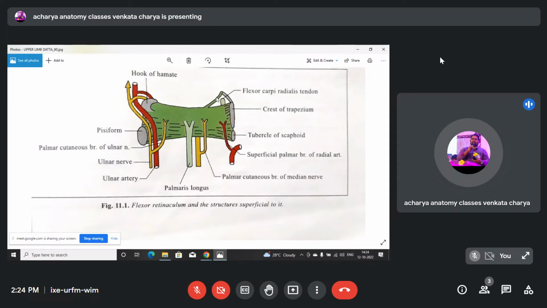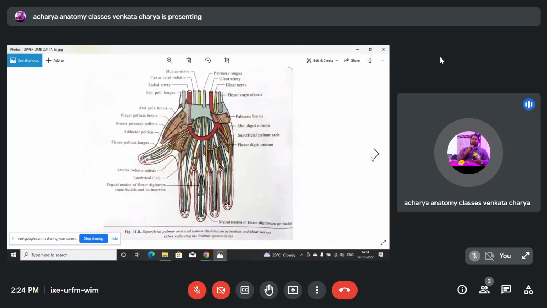Next, superficial branch of the radial artery and superficial branch of the ulnar artery unite to form an arch called the superficial palmar arch.